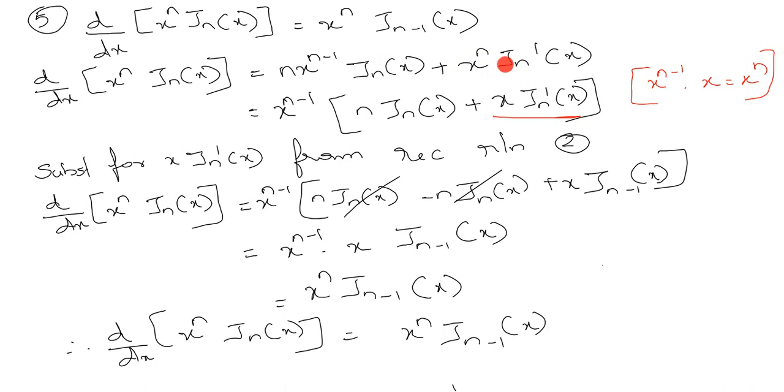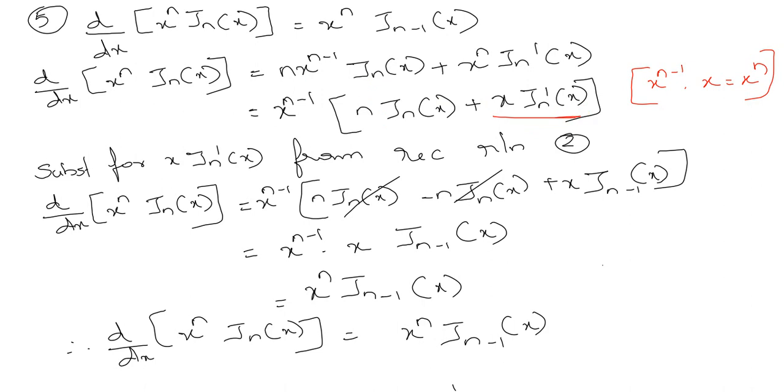The differential of Jn of x is written as Jn dash of x. Now from these two terms we can take x raised to n minus 1 as a common factor, which is taken and written here. So what is remaining in the first term is n into Jn of x, and what is remaining in the second term is x into Jn dash of x.